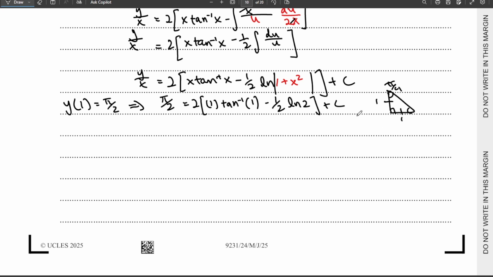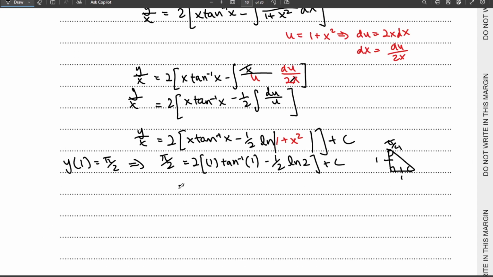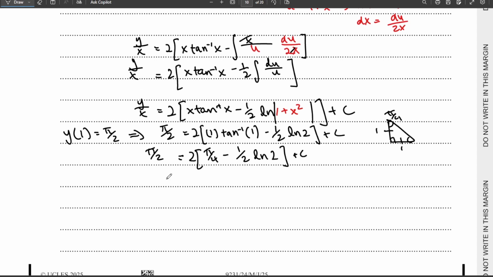So the tangent of 45 degrees is 1, and therefore the inverse tangent of 1 will be 45 degrees, or pi over 4 radians. Remember, in calculus applications we use radians. So here we have pi over 4 and 1 over 2 ln 2. After simplification, you should be able to get c is ln 2.